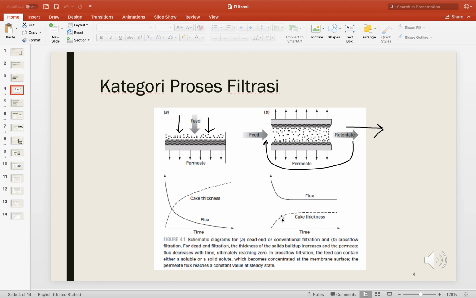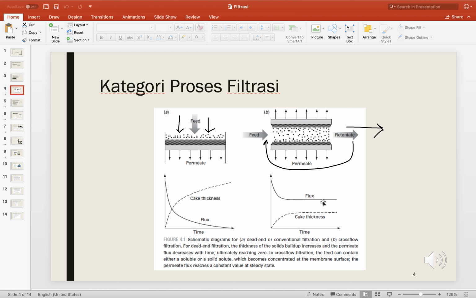Because your cake thickness at a certain time will reach a constant value, the same thing happens to your flux. In the beginning of operation, your flux reduces, but then at some point the flux becomes stable.